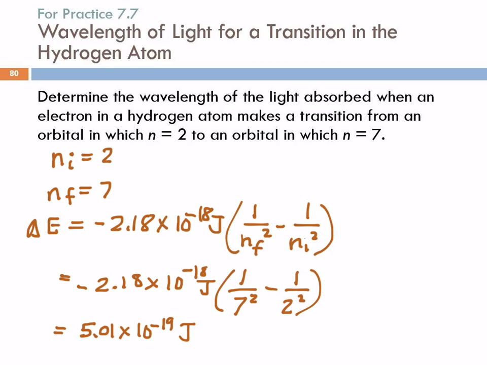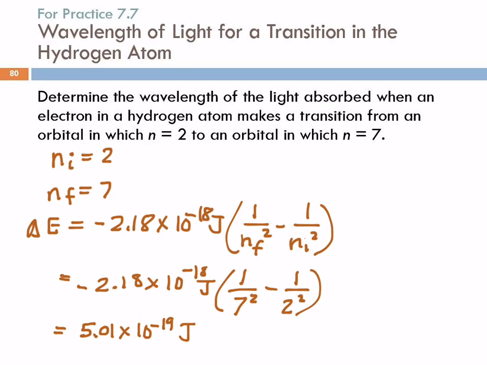Is it reasonable that this is a positive number? The energy absorbed is 5.01 times 10 to the minus 19 joules. Did we answer the question yet? No. What's the question? What's the wavelength? I just started calculating. We needed to calculate that because we calculate the wavelength from the energy.